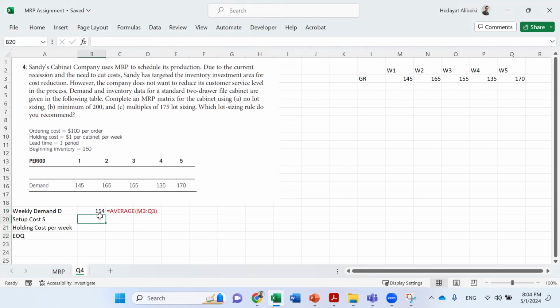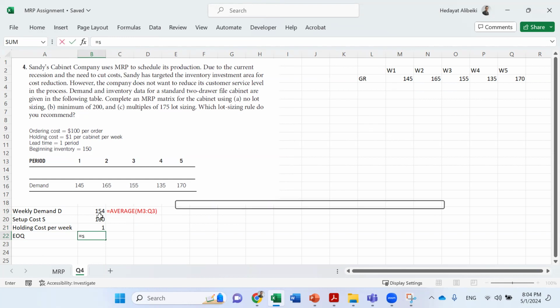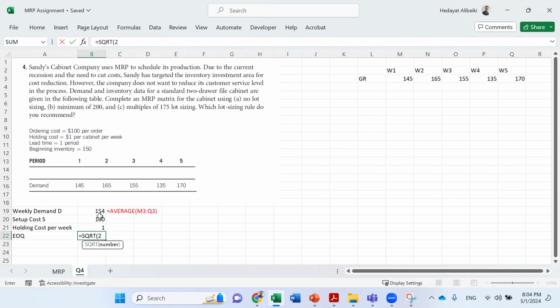Setup cost is given for ordering cost, $100. Holding cost per week is $1 per cabinet per week. So EOQ is the square root of 2 times D times setup cost divided by H. And I can round it, right?